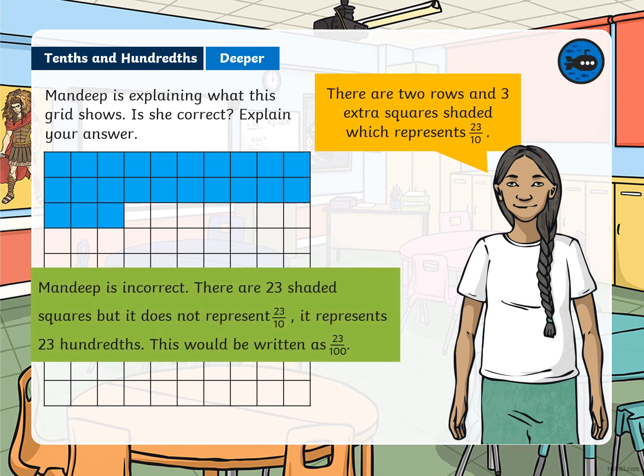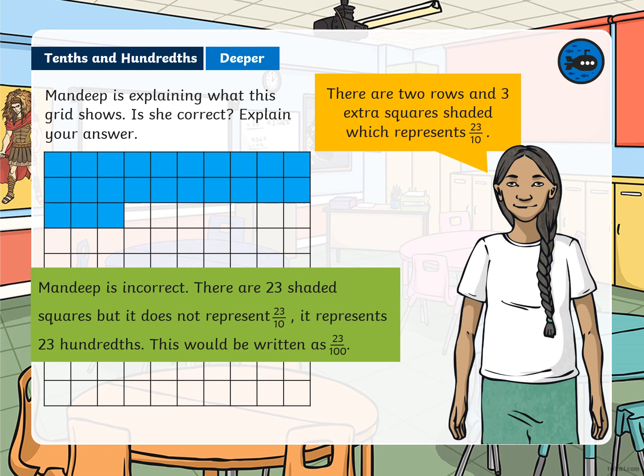Well, she's actually incorrect, isn't she? There are 23 shaded whole squares, but that does not represent 23 tenths. It represents 23 hundredths. So it would be written as 23 over 100. So 23 hundredths. That's because I've got 2 whole rows of 10 there, which is 20 hundredths, or 2 tenths.